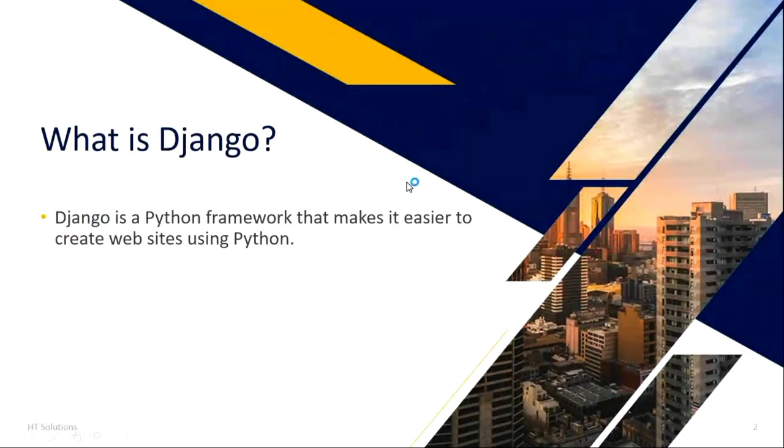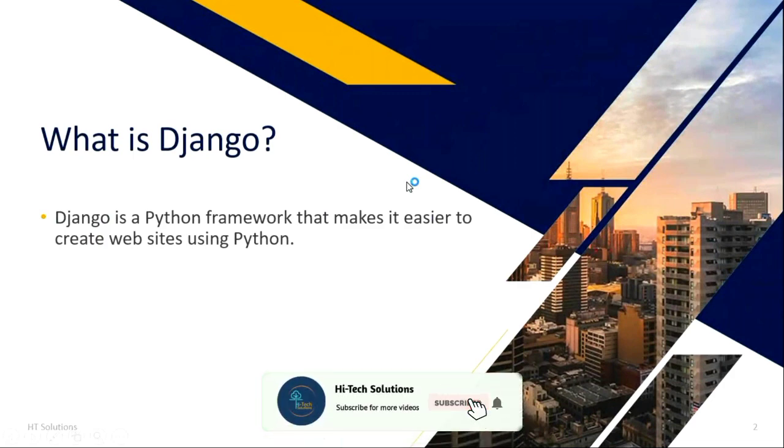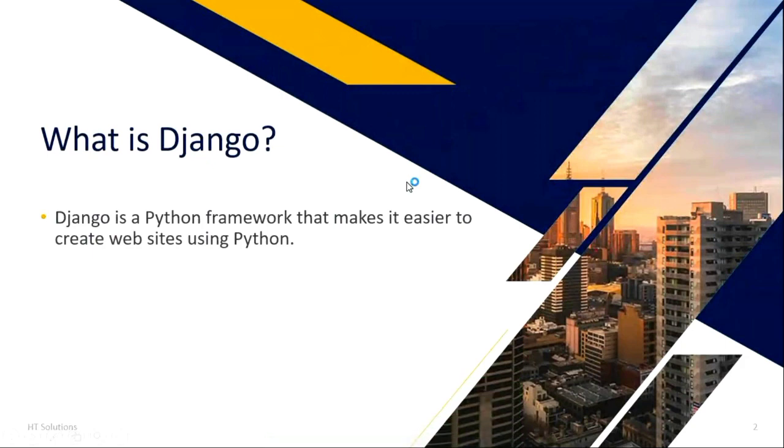Why? Because Django provides built-in features for everything, including the Django admin interface and a default database like SQLite 3. When you are building a website, you will always need a similar set of components, like a way to handle authentication, such as signing up, signing in, and signing out.